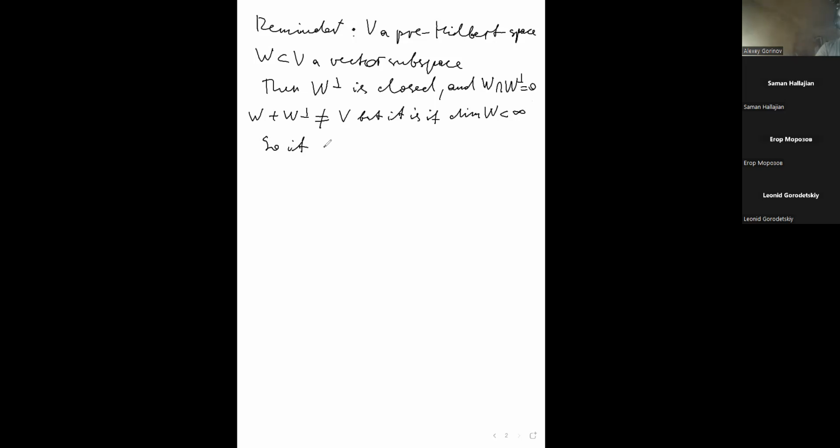If W is finite dimensional, both W and W orthogonal are complementable.